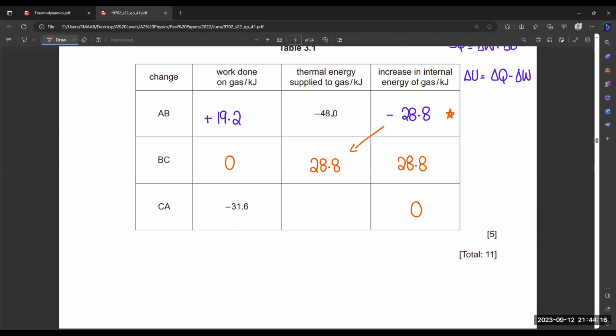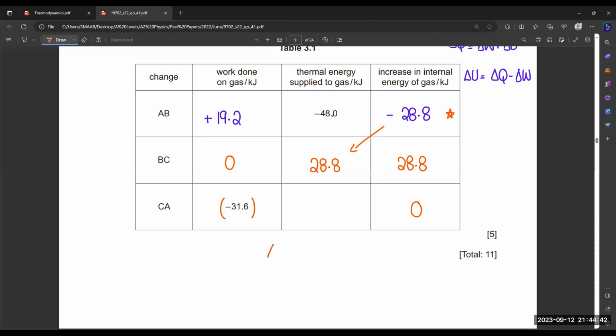Yes. And finally, the thermal energy supplied to the gas between C to A. Basically from C to A, how much thermal energy do we consume? We are doing work of 31.6, right? And we know your internal energy is zero.